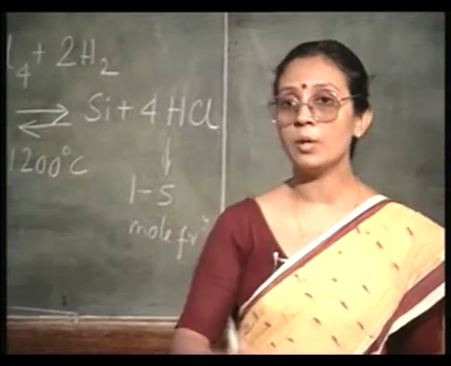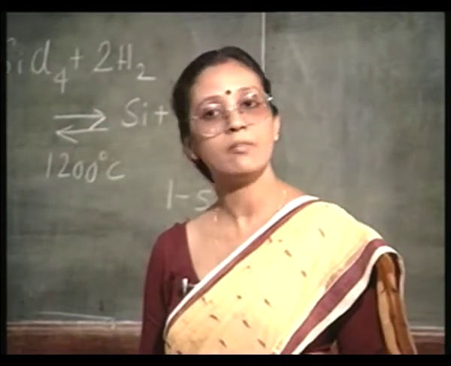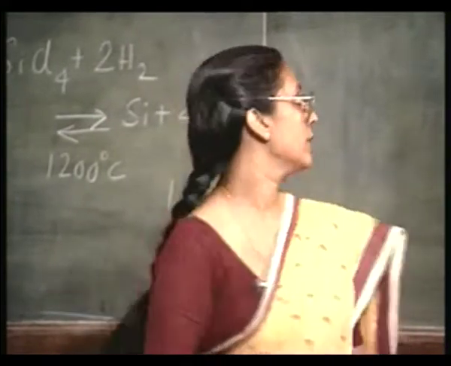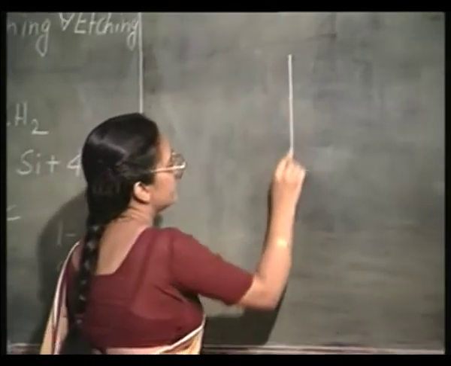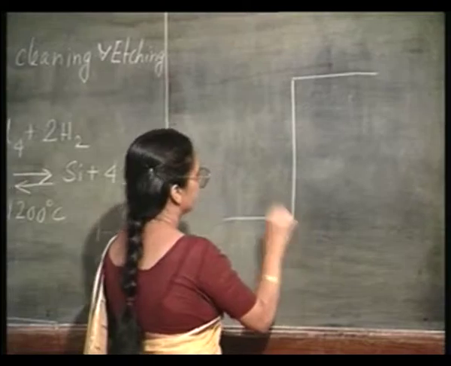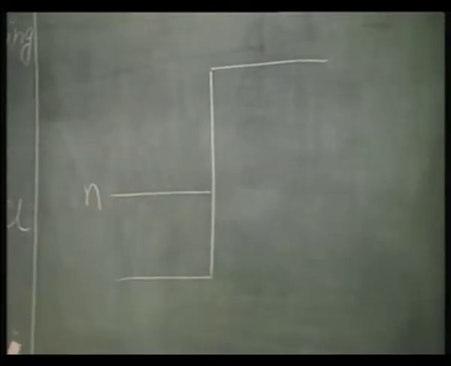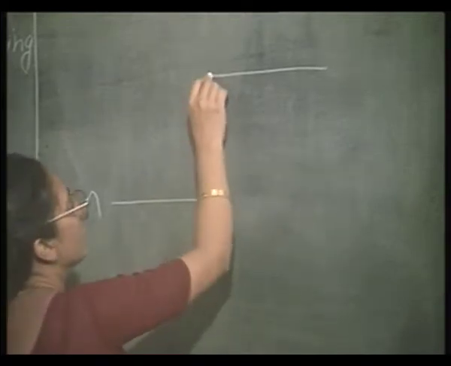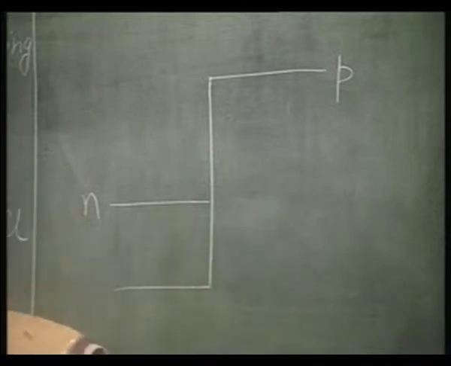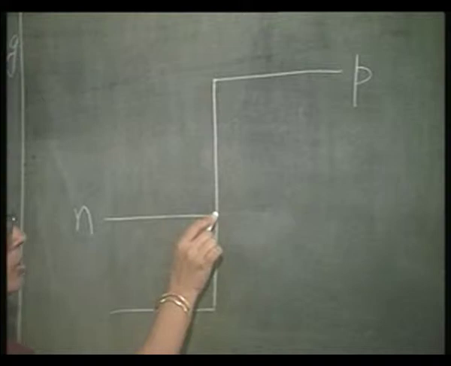So, at the boundary between the bulk sample and the epitaxial layer, I have a p-n junction. Now, say this is my n epitaxial layer and this is my p bulk sample, and this is the boundary.